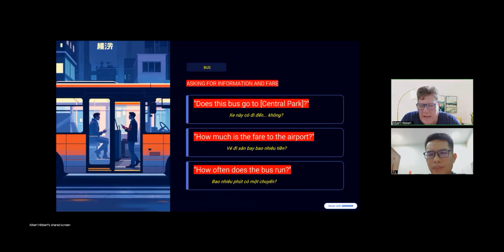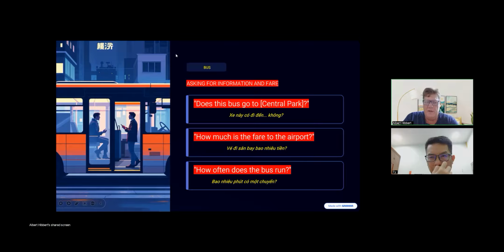I can't remember the exact time, but it was either every 45 minutes or every hour. So the bus can run every 45 minutes, every hour, or every hour and a half.